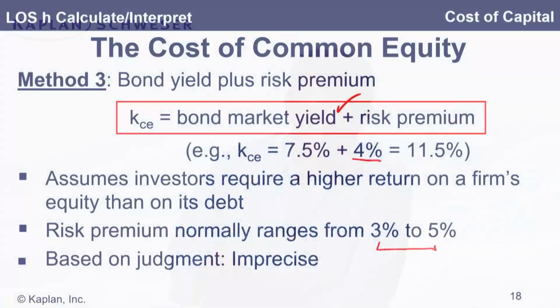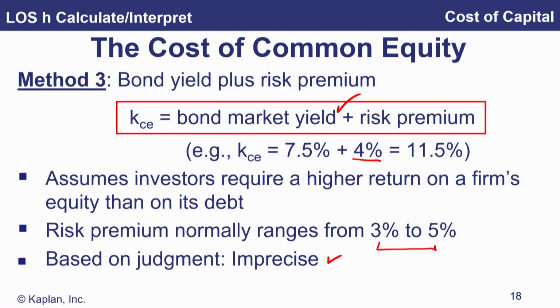So this seems kind of naive, and it's certainly not as fancy as the capital asset pricing model or the constant growth model. But it's hard to do something really stupid with this one, even if the numbers are odd for some reason or another, because we're just adding something to the bond yield. It's based on judgment. It's imprecise compared to the others.